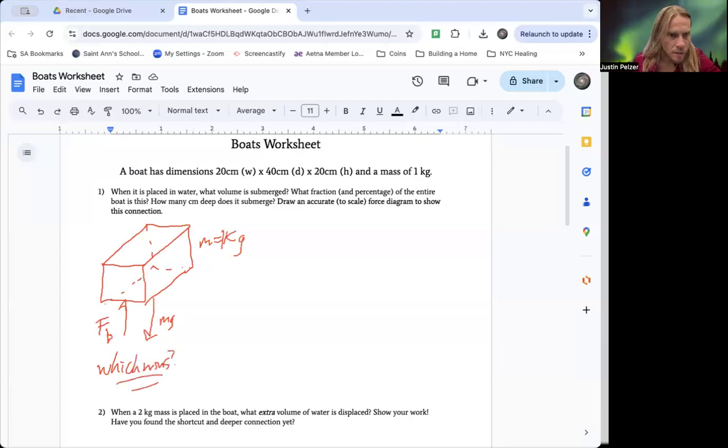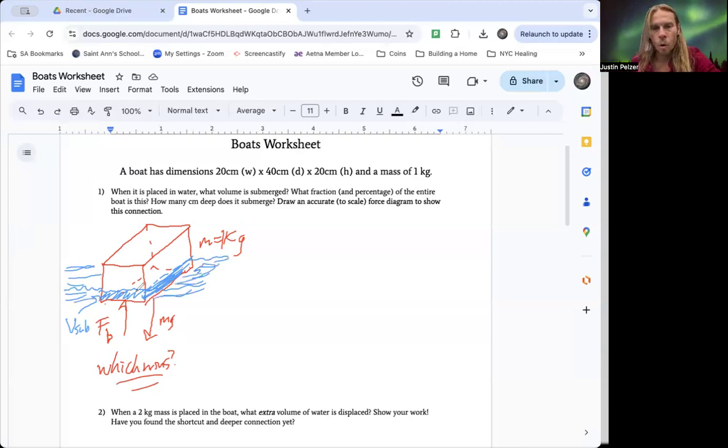Well, the whole point is that when you're on the surface of a fluid, only part is submerged. My water is three-dimensional here, right?